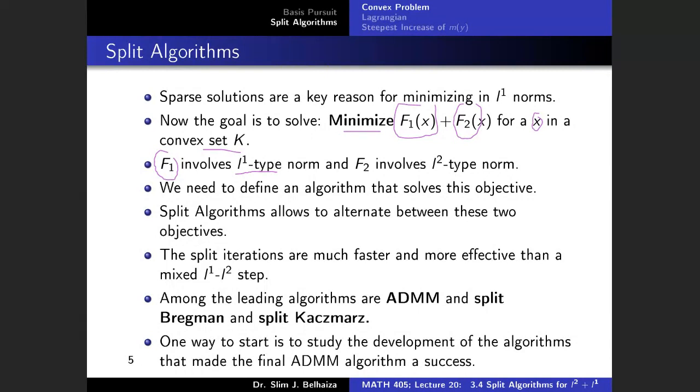And the F2 norm involves an L2 type norm optimization. In the following, we are going to define split algorithms that solve this kind of objective. In fact, split algorithms allow us to alternate between these two objectives, the L1 type and the L2 type norms.